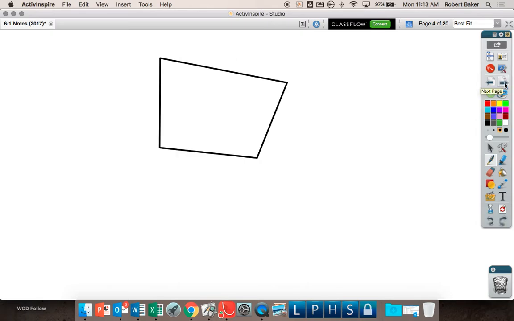Now let's try this next shape. It's a quadrilateral, and it's our job to figure out how many degrees are inside of it.